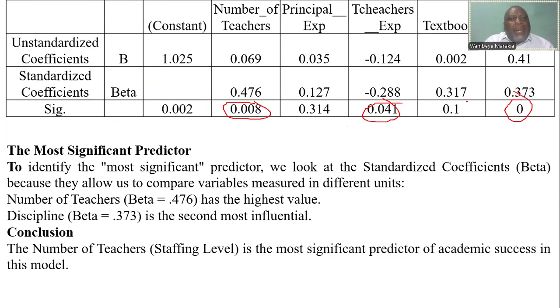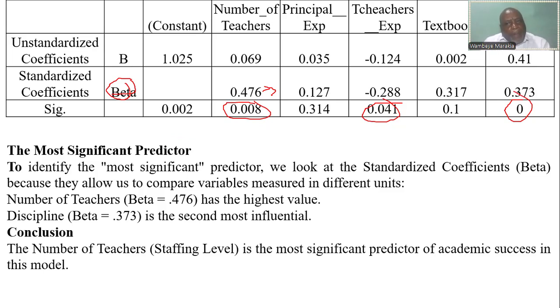So we look at the standardized coefficient, the beta, this one written beta here. We look at the highest in this. And in this case, we have 0.476.